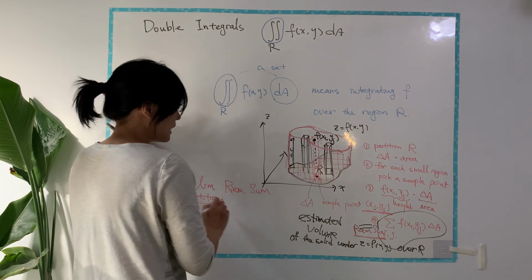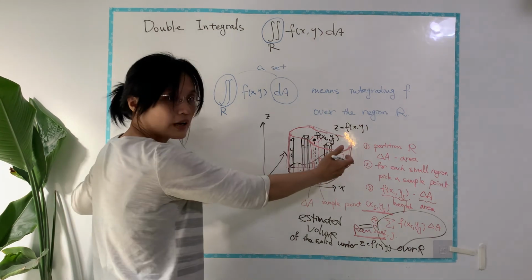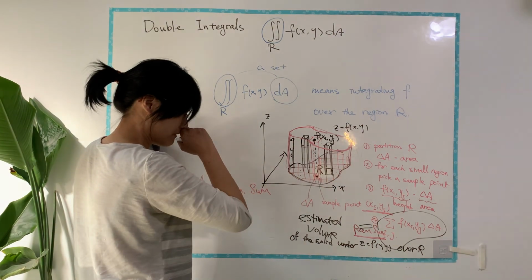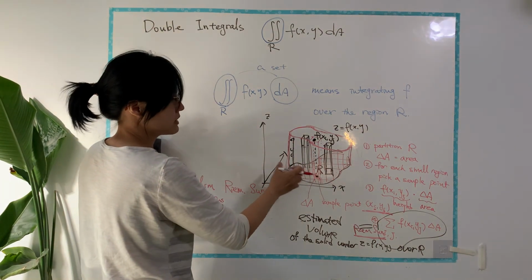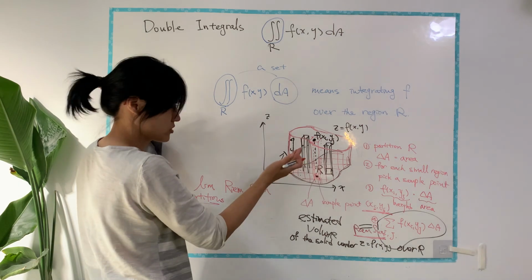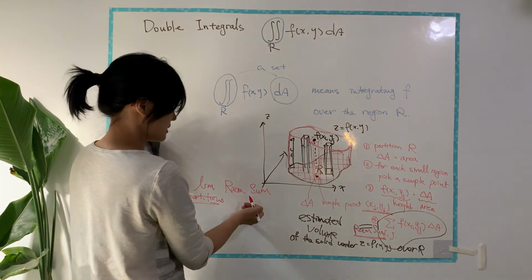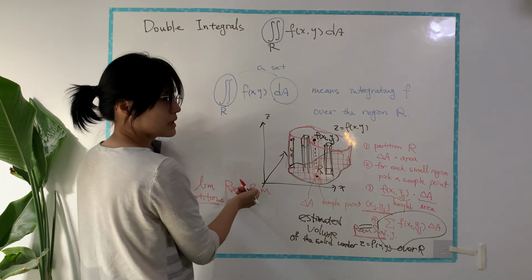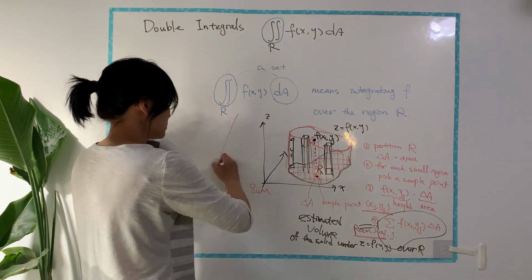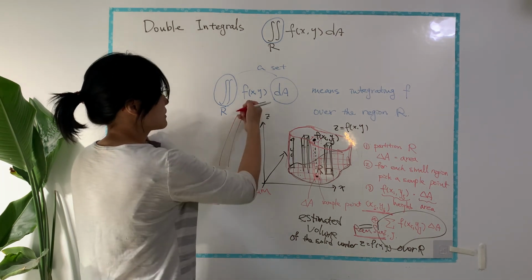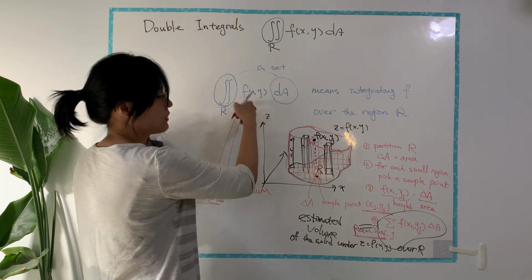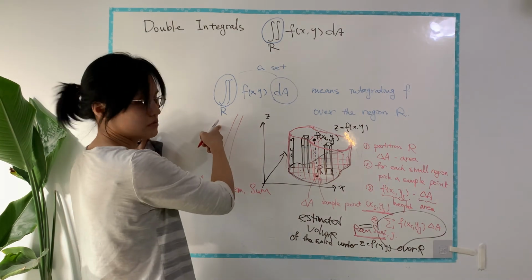It means I'm chopping this area finer and finer. If I use the word resolution, I have higher and higher resolution. After I take the limit, if the limiting value exists, this value is how we define the double integral of function f over the region R.